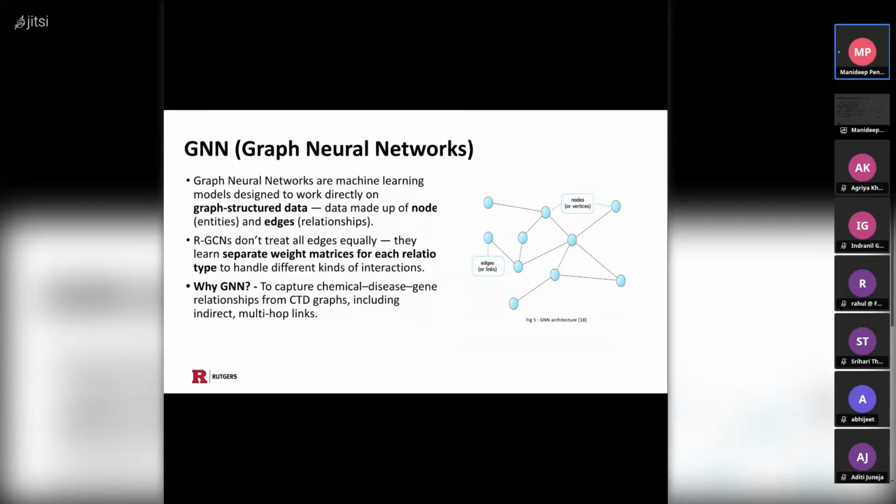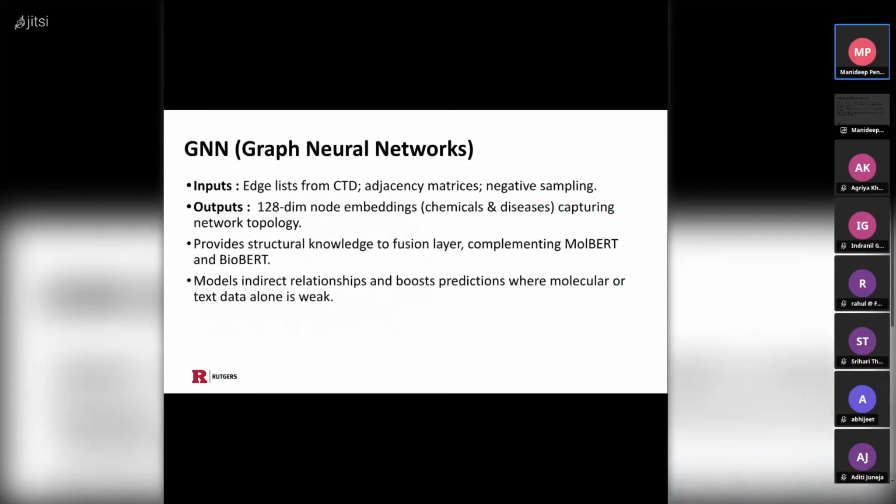Graph neural networks are machine learning models designed to work directly on graph-structured data. Because our CTD data comes in graph format, we were able to do that. The input here is the edge list from CTD and the adjacency matrices we created, and the output is a 128-dimension node embedding.